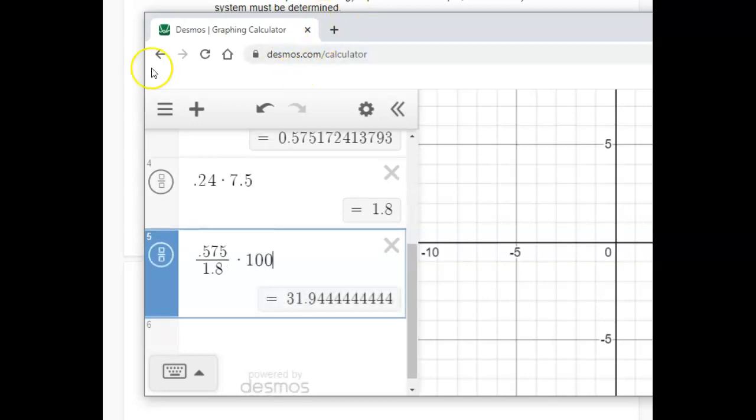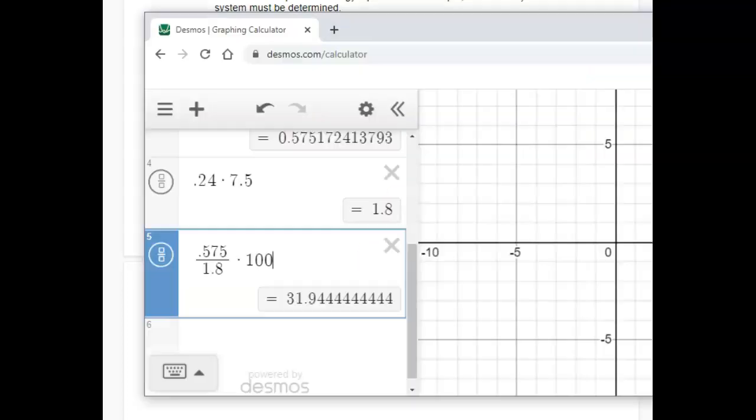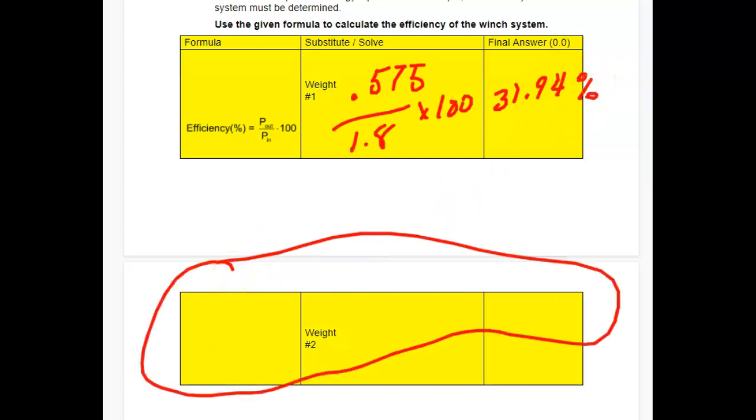So 0.575 divided by 1.8 times 100, and that gave us an answer of 31.94%. All right, I'll let you guys do number 2.